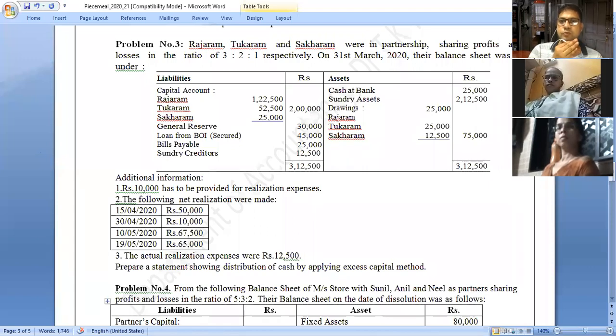If you don't have any problem regarding problem number one and problem number two, then you can easily solve problem number three also. I hope you understood this. Do you have any problem regarding this excess capital? No, you don't. You can take a screenshot.